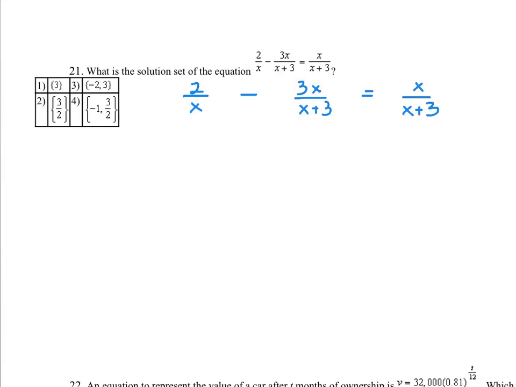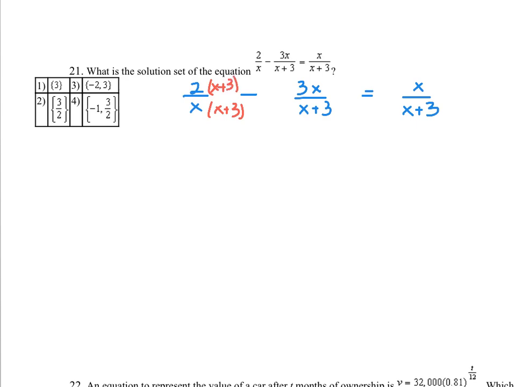All right, so we have a fractional equation, so I would start by looking for a common denominator. Just remember that this is a monomial x, and this x is part of this binomial, so they're not the same thing. So I am going to multiply this first fraction by x plus 3, both top and bottom.